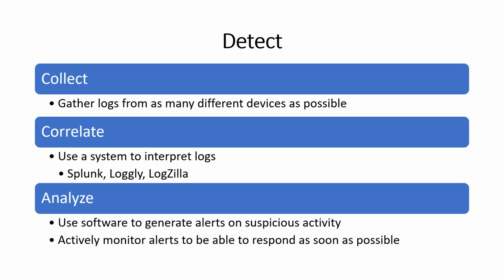This starts by gathering logs from as many different devices as possible, correlating them using a system to interpret the logs, such as Splunk or Logzilla, and then analyzing using software to generate alerts on suspicious activity, actively monitoring alerts to be responsible and respond as soon as possible.